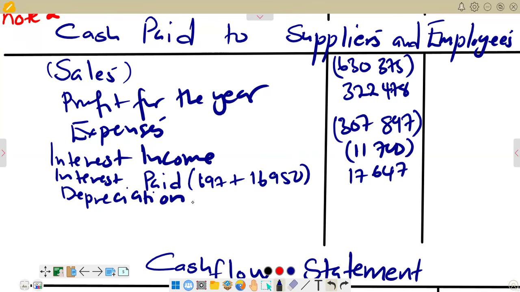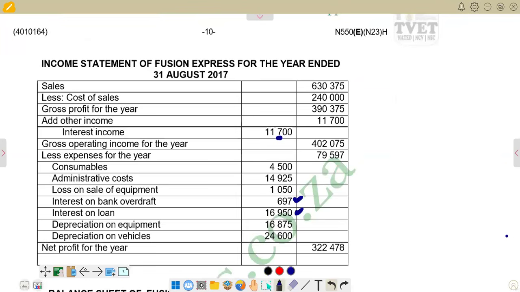So on depreciation, we go back there to see what figure of depreciation we have. You see that we have got depreciation on equipment here, which is 16,875. And then we have got depreciation on vehicles, which is 24,600. So we are going to add the two to get the total depreciation. So we come here.